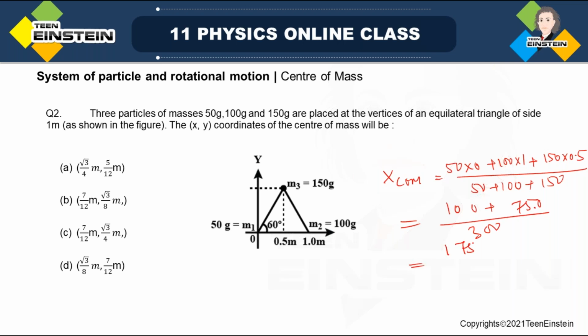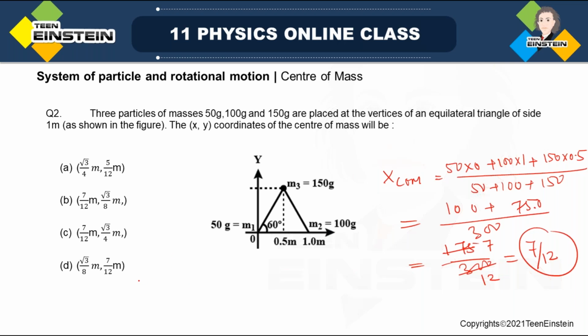So 175 by 300 would give you, if I bring, 25 into 7 is this, and 25 into 12, so this will be 7 by 12. Okay, this is the x coordinate.